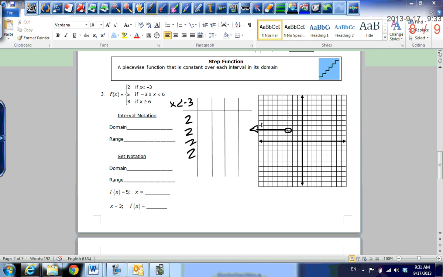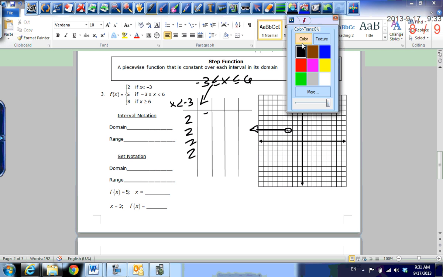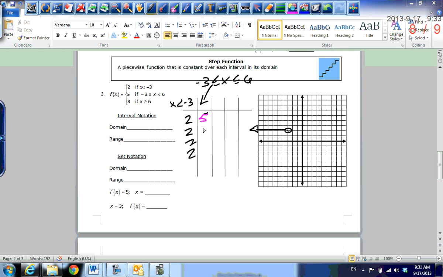Okay. What about from between -3 and 6? So can't squeeze that in. But from -3 to 6, all my y values, I'll pick a different color here, are 5. Starting at -3, do I have an open or a closed circle there?